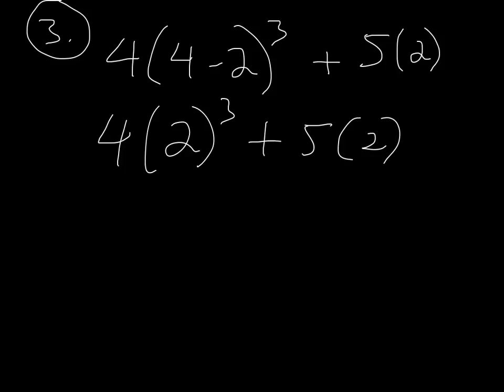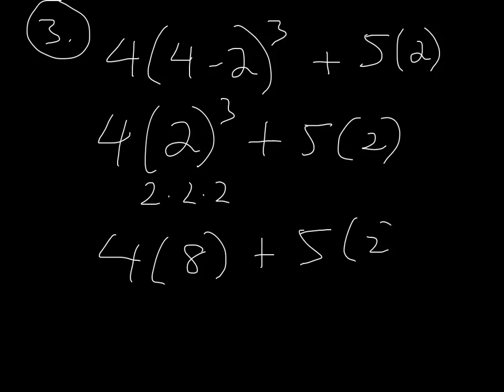We did our parentheses. Next is exponents. We do have one exponent, that is 2 raised to the third. And 2 raised to the third, remember, is 2 times itself 3 times, or 2 times 2 times 2. Well, 2 times 2 is 4, and then 4 times 2 is 8. So this is really going to be 4 times 8 now. Then we'll bring down our 5 times 2.